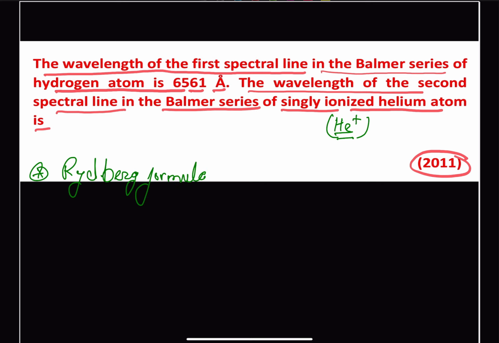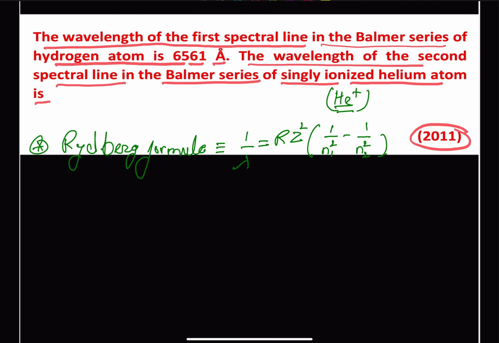Which is our 1 upon lambda is equal to R Z square into 1 upon n1 square minus 1 upon n2 square. And we are given Balmer series, so based on this we can define n1 and n2.